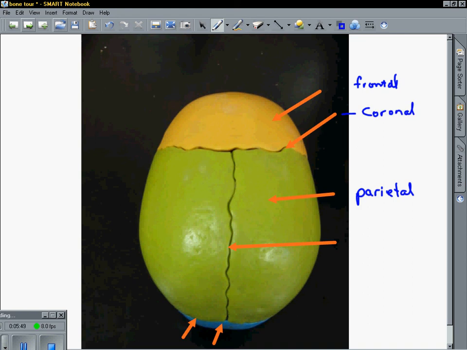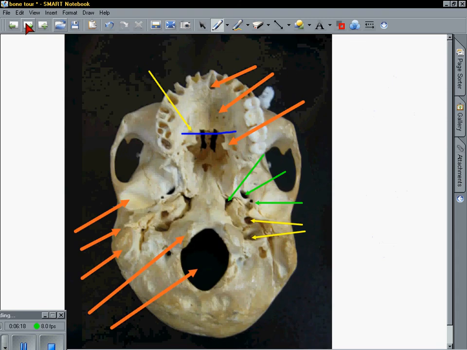Then we have the sagittal suture between the two parietal bones, and that's the one you can never see in our lab manual. Then down at the bottom, the blue bone is the occipital bone. And the suture between the occipital and the parietal is the lambdoid suture. That's good. We'll move on.